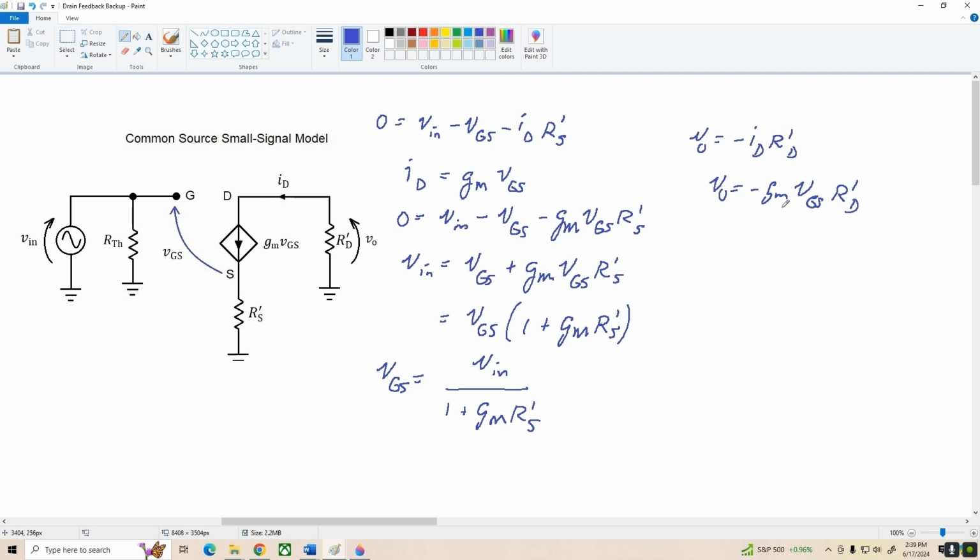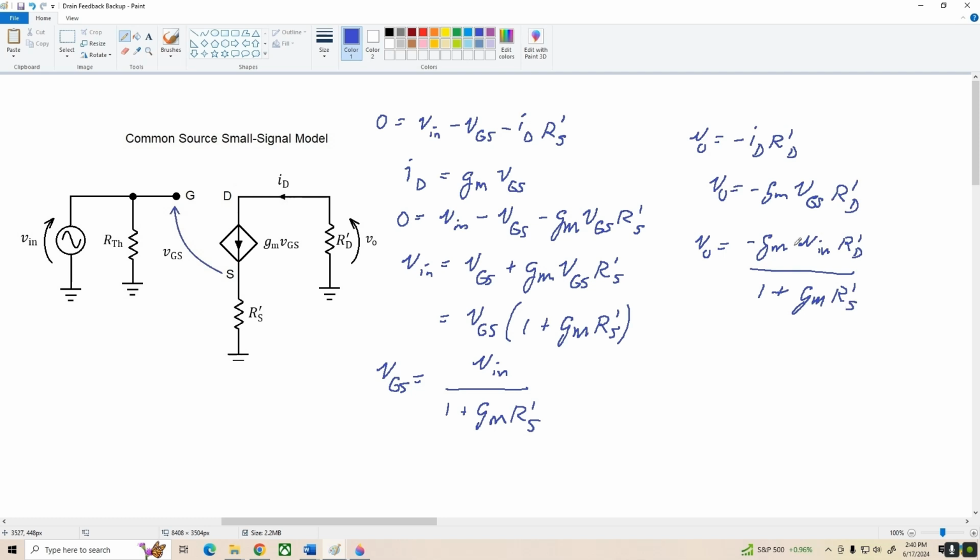And now I can substitute this identity for VGS into this equation, which gives me Vout equals negative gm times Vin times R'D divided by (1 plus gm times R'S).